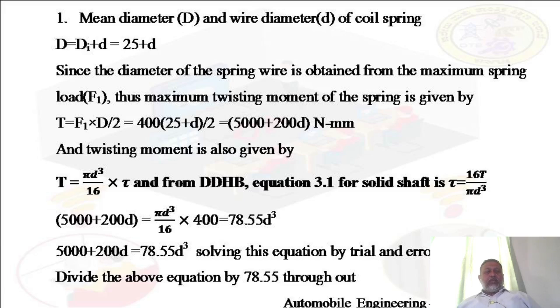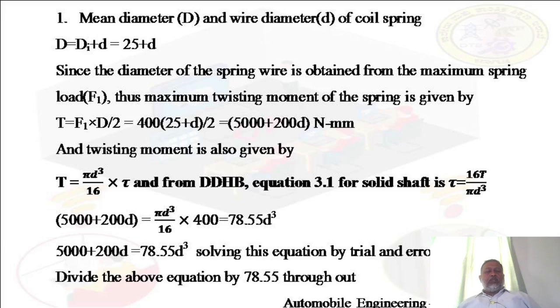So this torque is also equal to, because the wire is considered a shaft, the equation for shafts, that is pi d cubed by 16 into tau, from the design data handbook, chapter on shafts, equation number 3.1 for solid shafts.